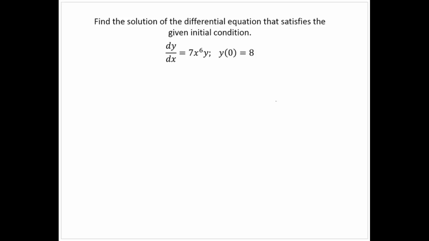All right, here's one for you to try on your own. Now would be a good time to pause. All right, so let's find the solution of this initial value problem. dy/dx is 7x to the 6th y, and y of 0 is 8. I'll separate the variables.